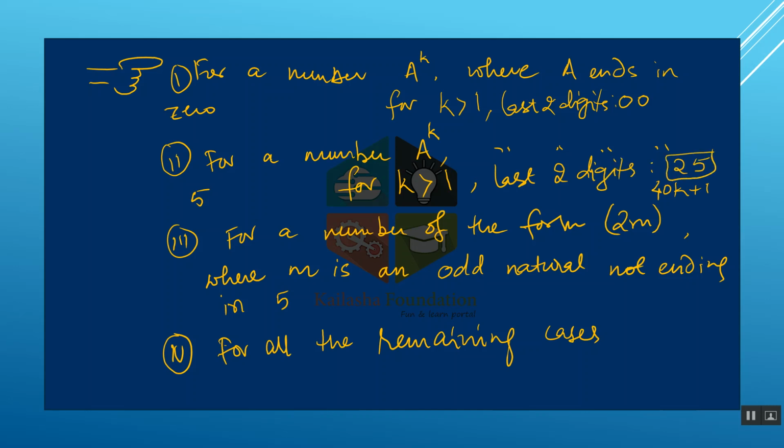For example, 5 raised to the power 1 is 5, and thereafter we get 25, 125, 625, 3125, and thereafter 15625, and so on. So every time there is 2 5 in the end. So last two digits are 2 5, and if k is 1, then we can obtain the last two digits by just looking at the number.